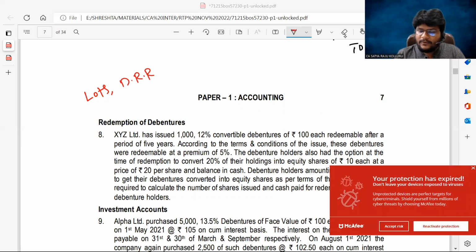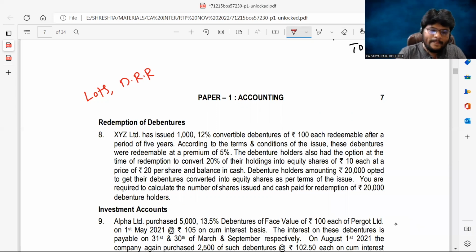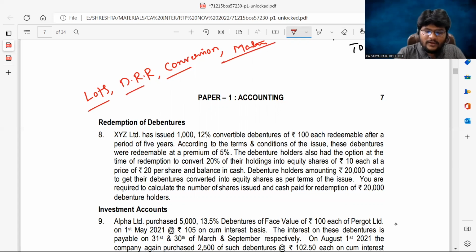Redemption of debentures may also happen through conversion. Or redemption of debentures automatically happens, that is, automatically repaid as on maturity date. These are just different scenarios. Now, by seeing the problem information, which scenario is suitable, let us have a look first.